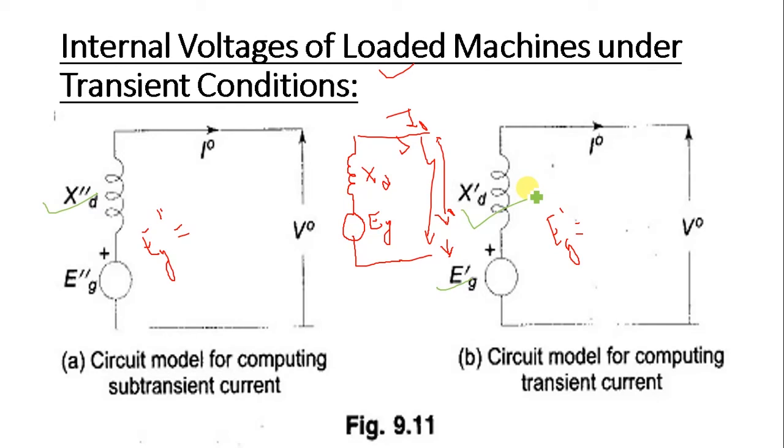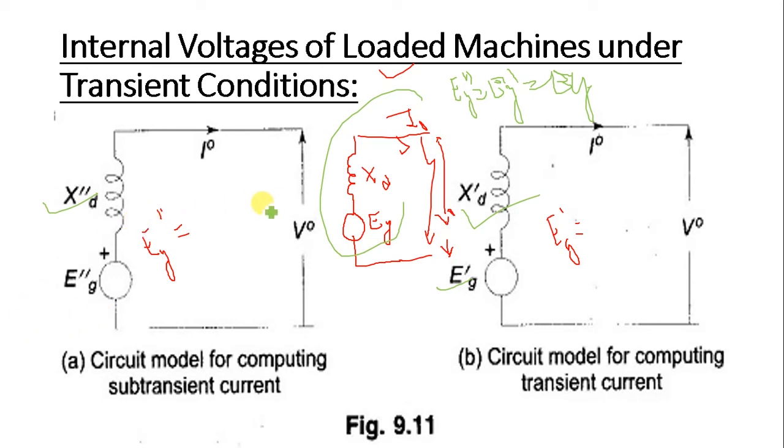If we take I naught equal to 0, because under no load the value of current will be 0, then Eg double dash equals Eg dash equals Eg. But in this case we are considering that load is connected, so we can write Eg naught.